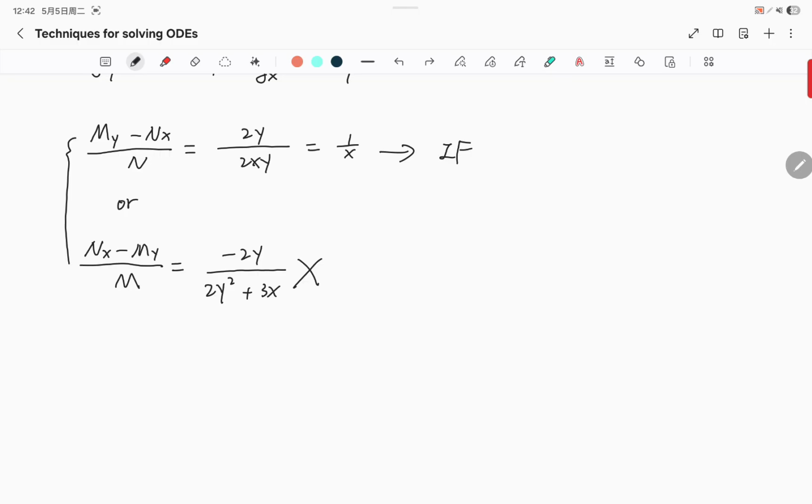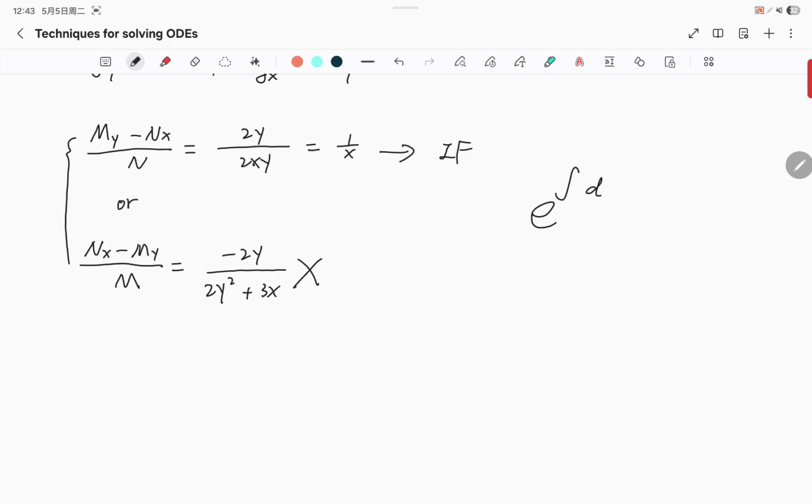You can't have both x and y in your integrating factor because the integrating factor is e to the power of an integral d something, right? That d something, if you have both x and y in your integral, that's not going to work.